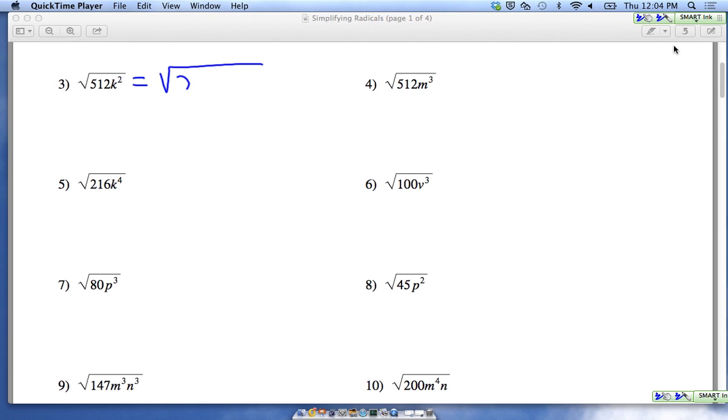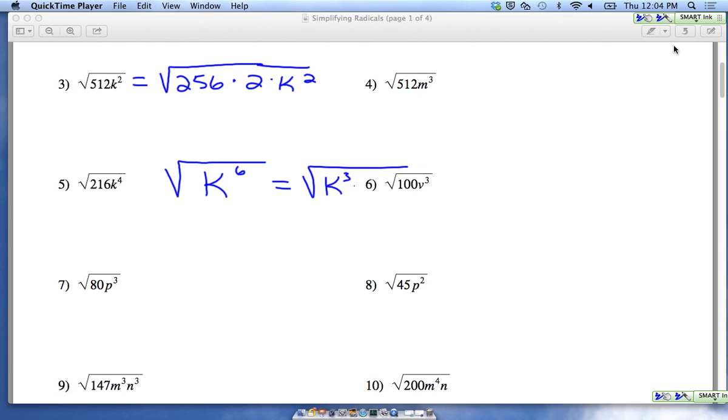is 256, which is a perfect square, 16 times 16, times 2k squared. Just a word about variables under the radical. If the power on the variable is even, I'll make a little example.